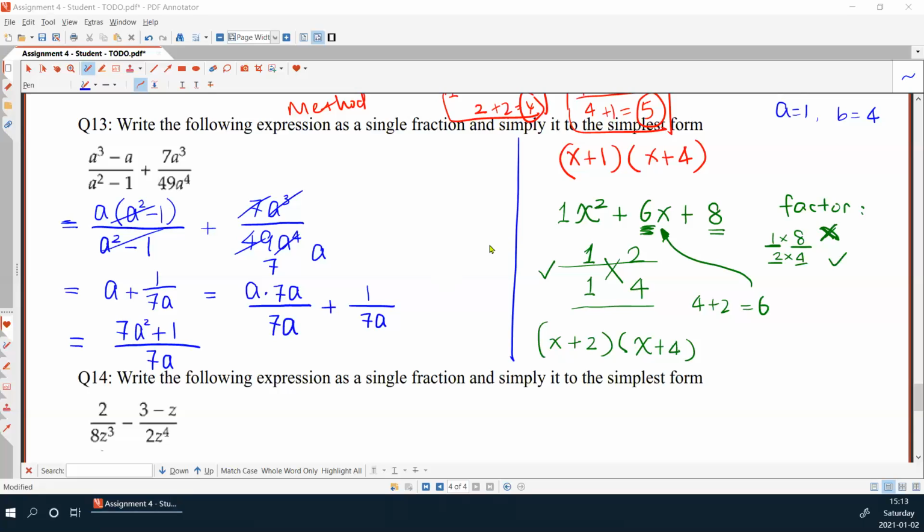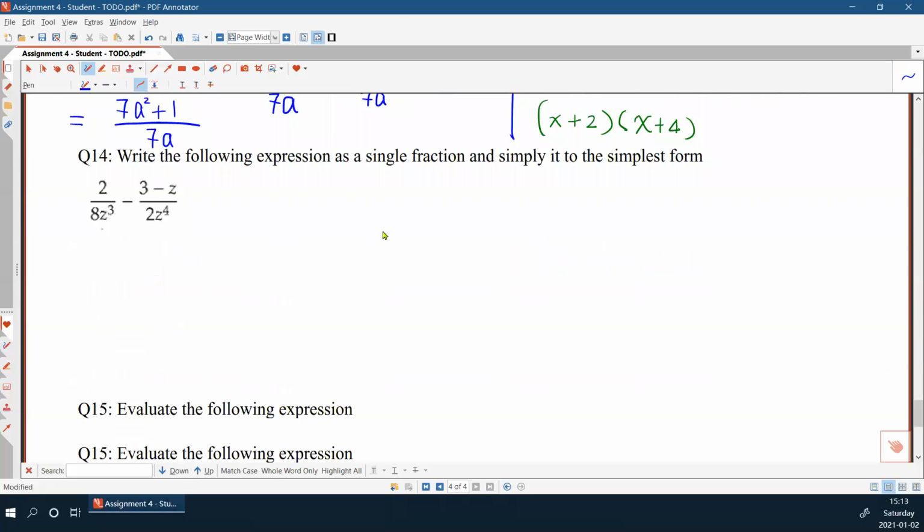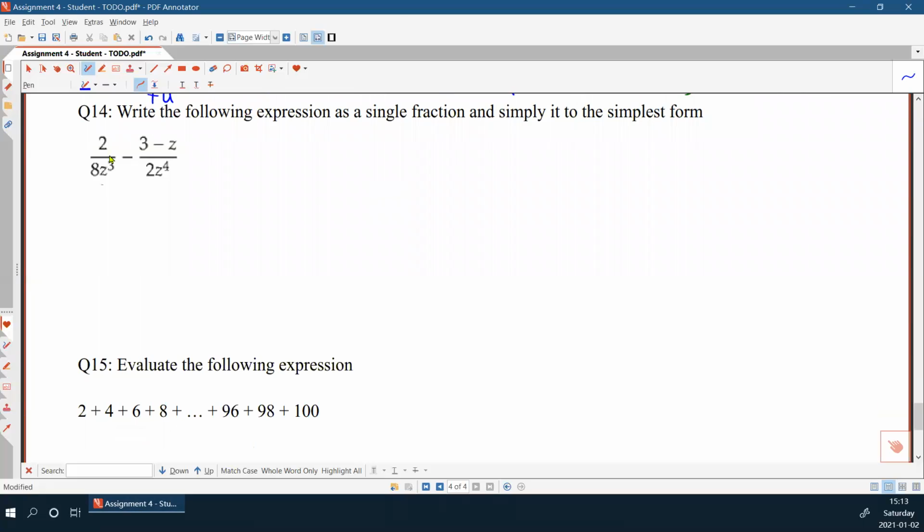Okay. If no questions, let's proceed to the next one. Question 14. Write the following expression as a single fraction and simplify it to the simplest form. Okay, again, first of all, check if you can simplify any terms here. Okay, the first one can be factored to 4 here, right?